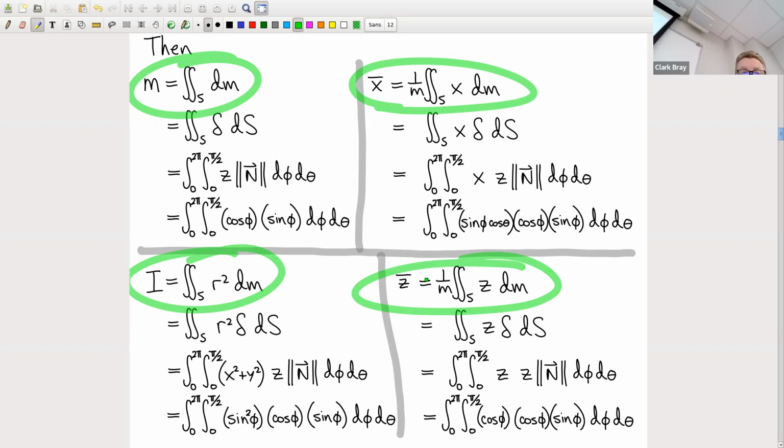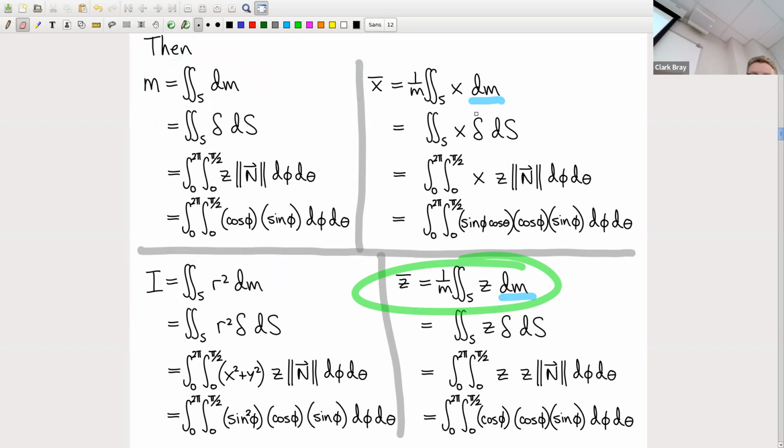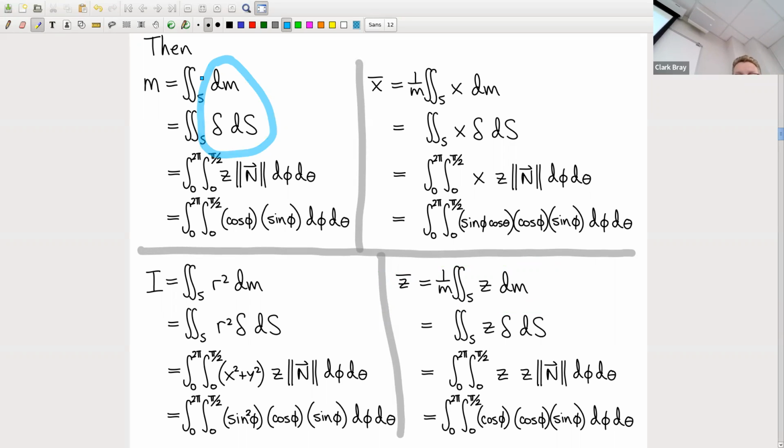So notice in all cases, most of the work is kind of hidden inside of here. What is this dm and how do I deal with it? So let's deal with that. Well, okay, dm: mass is density times size. Note the same move in all four of these calculations.